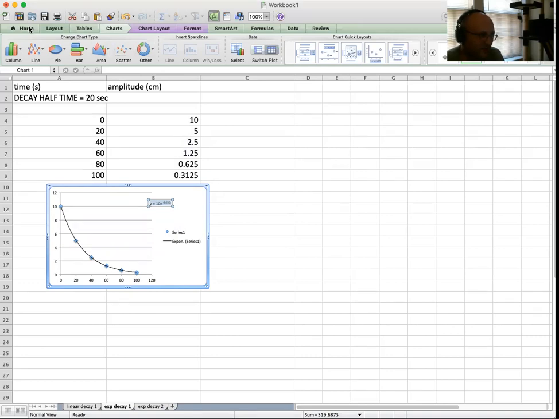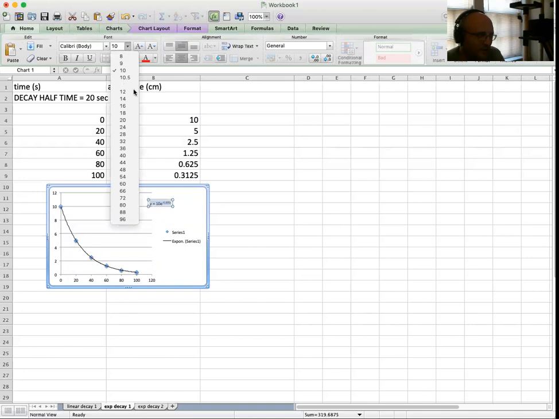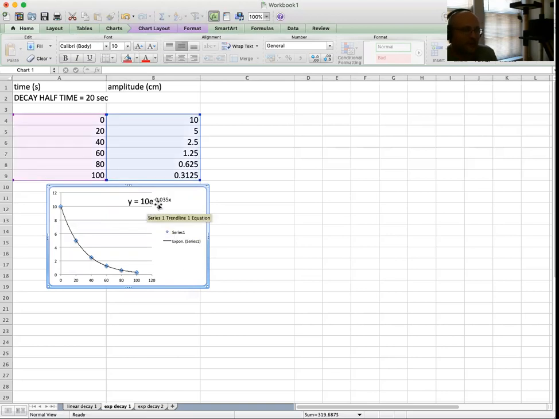Trying to get the size a little better. It's not vitally important that you see all the details, but I want to make this big enough. In this case, we have 10 times e to the some power times x, and that's one way of writing an exponential function.